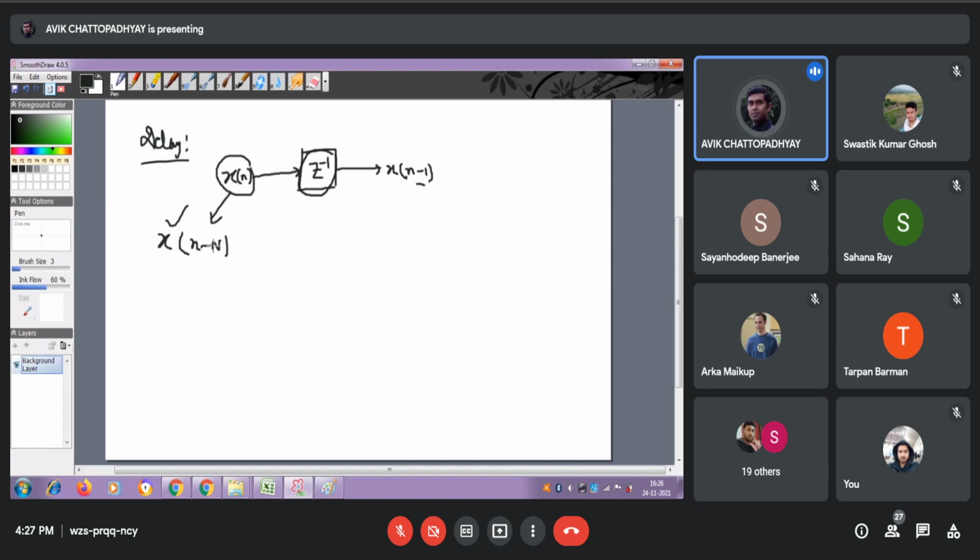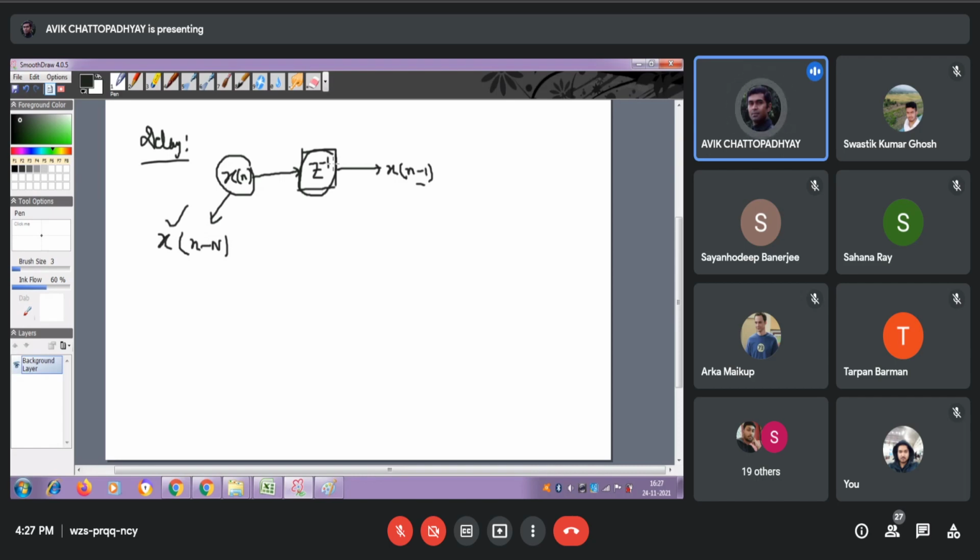After giving N delays, I want to get x of n minus N, where N is capital N. Now, how to represent it in block diagram form? Your answer would be, okay sir, in place of 1, I would write capital N. Yes, technically you are correct. I'm not saying you are wrong.